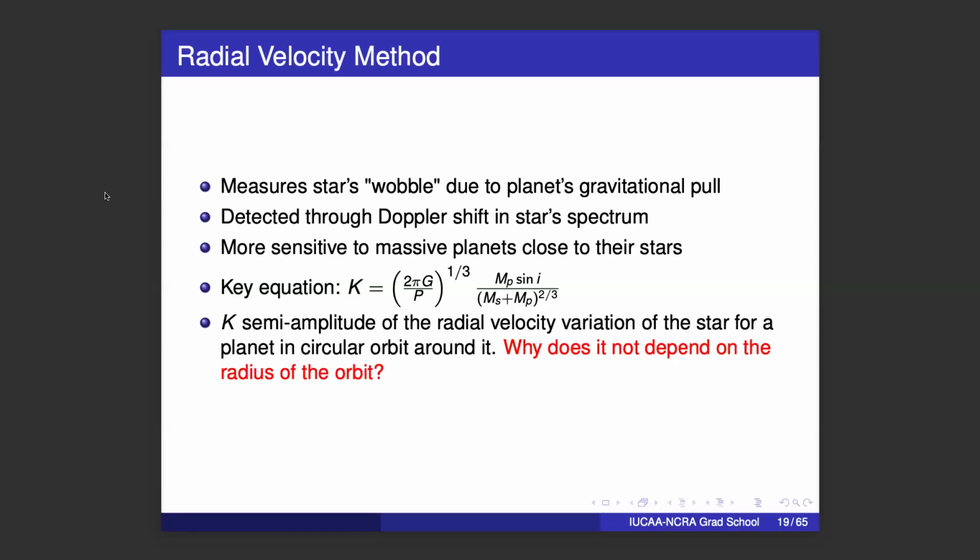So Kepler's third law, right? Because of Kepler's third law, the distance is indirectly sitting in the period. The period, of course, just depends on the mass of the star and the distance. So that is the reason distance is not appearing in this equation.